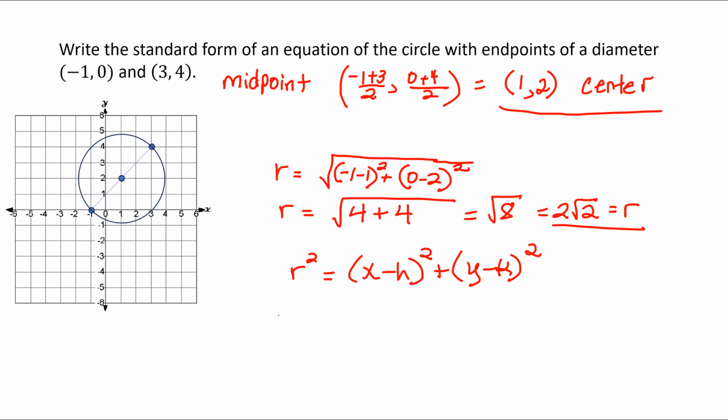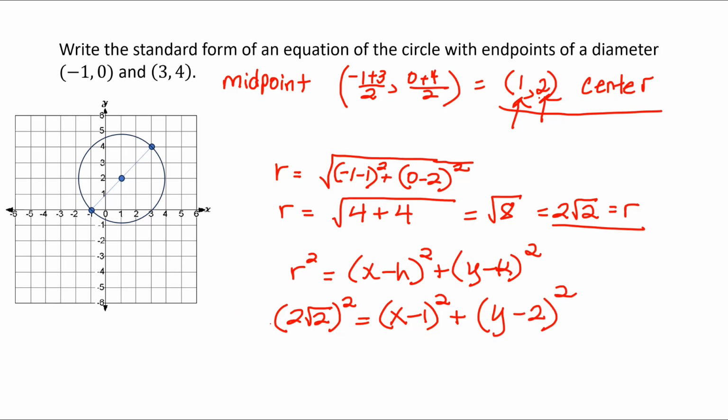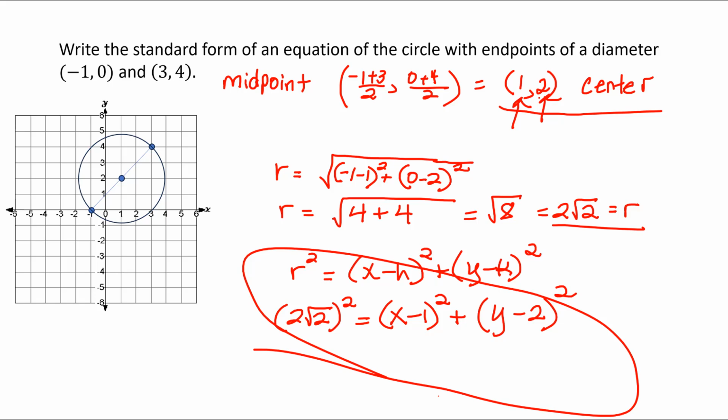R is 2 square root of 2, so (2 times the square root of 2) squared is equal to (x minus h), the center is (h, k), so the h is 1, so (x minus 1) squared, and then our k is 2, so (y minus 2) squared. So this would be the standard form of the equation of that circle.